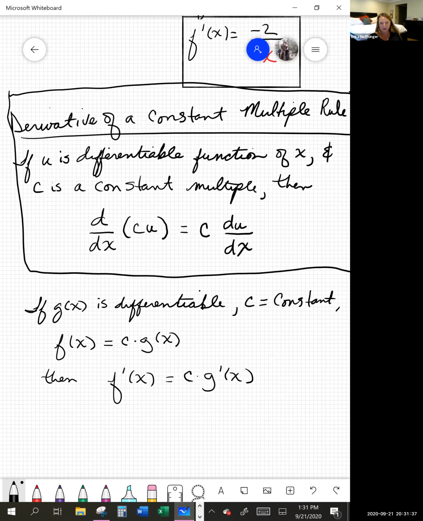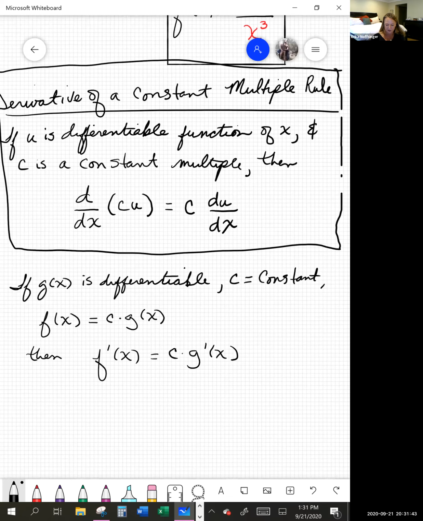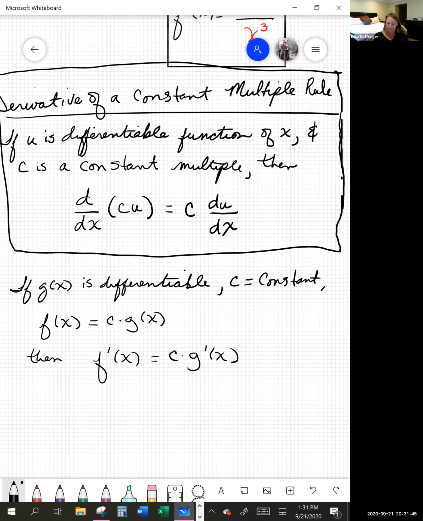So just different notation to say the same exact thing. And you'll notice that I like the g prime notation more than the d dx or df dx.